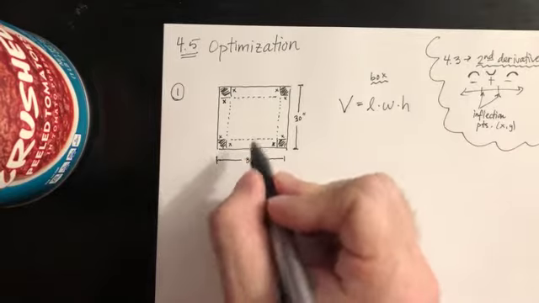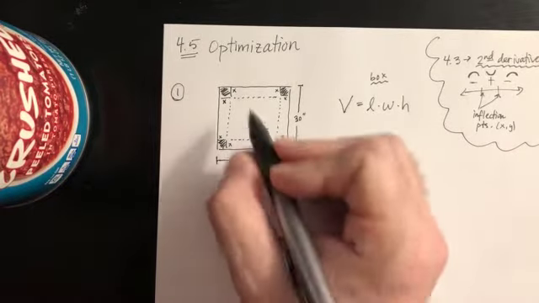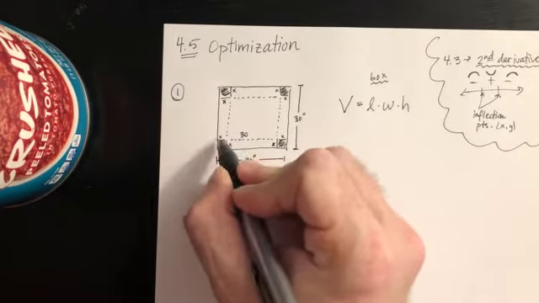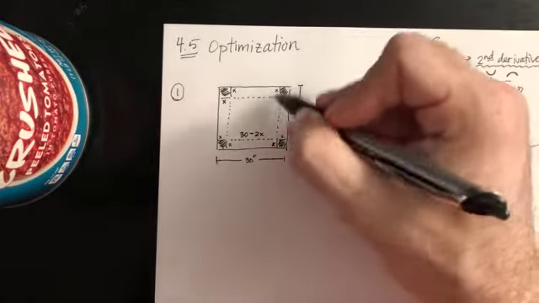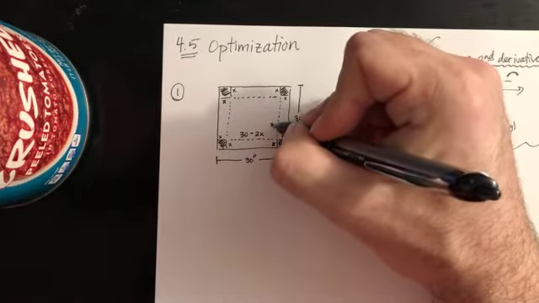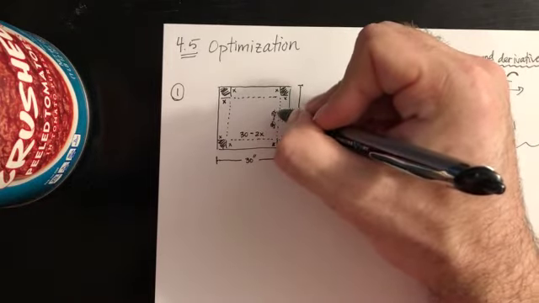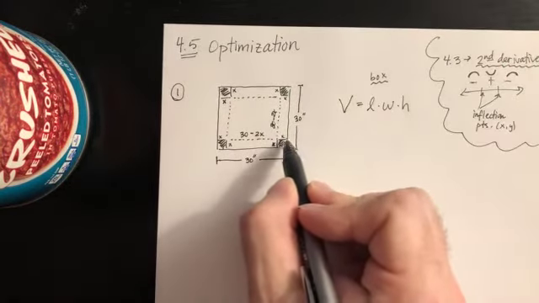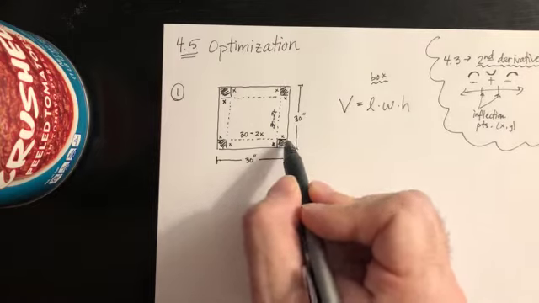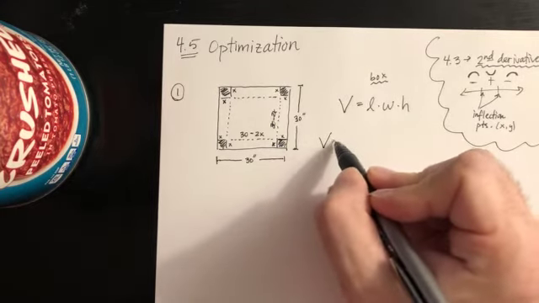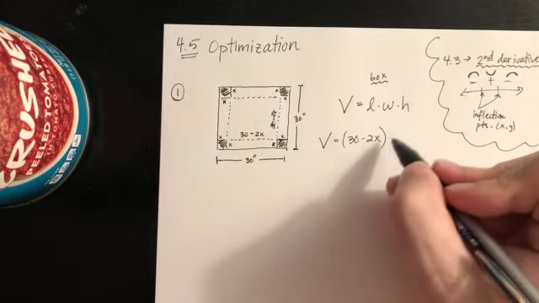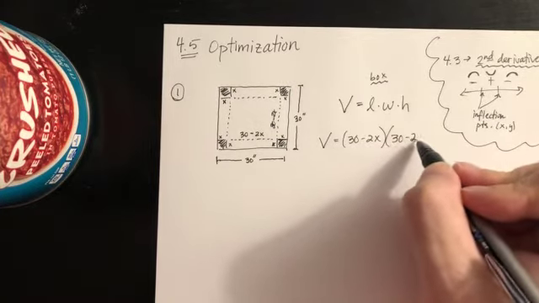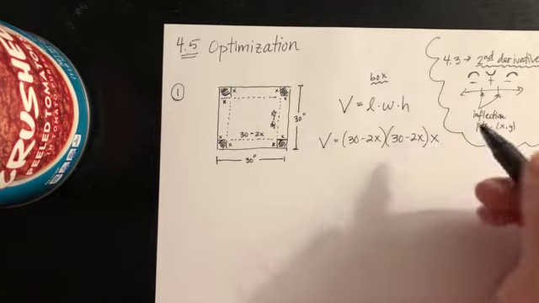Anyway, the new length across here is going to be 30 minus these two x's. And the width is also going to be 30 minus those two x's. And the height is going to be this little distance, x. So my new volume formula is going to be 30 minus 2x for length, 30 minus 2x for width, and then just x for height.